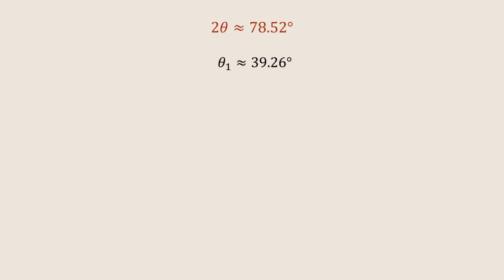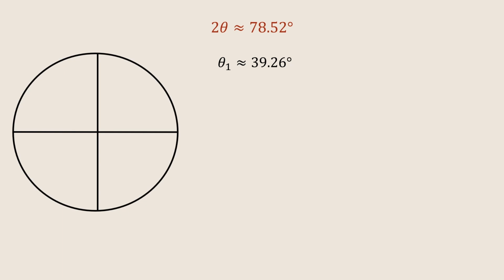To find the second, we have to recall the unit circle. Remember that in the unit circle, the first 2 quadrants yield positive sine values. This means that if there is an angle in the first quadrant yielding a positive sine value, there is an angle in the second quadrant reflected across the y-axis.